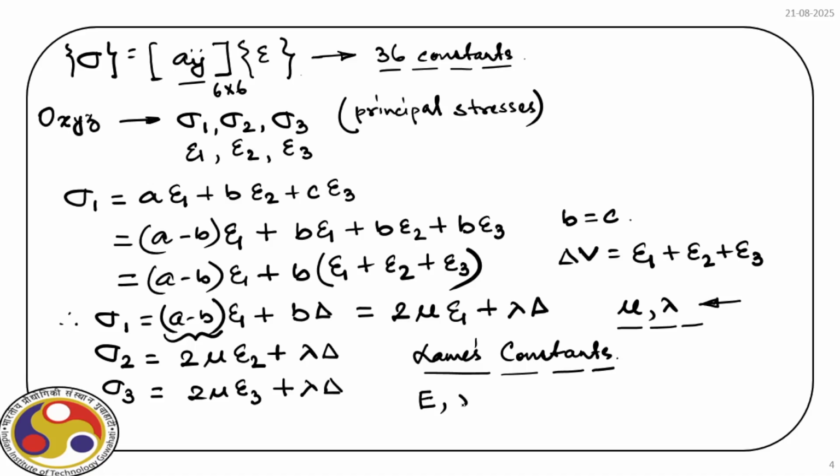Similarly, we have Poisson's ratio, bulk modulus, and shear modulus. These are the constants we are familiar with. We'll see in today's lecture how we can express all these constants in terms of Lami's constants.